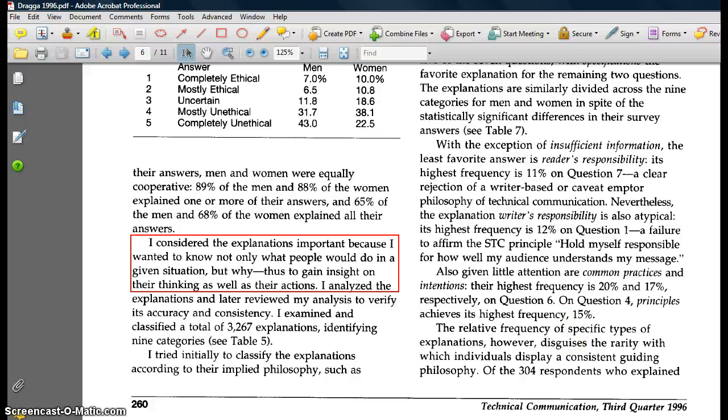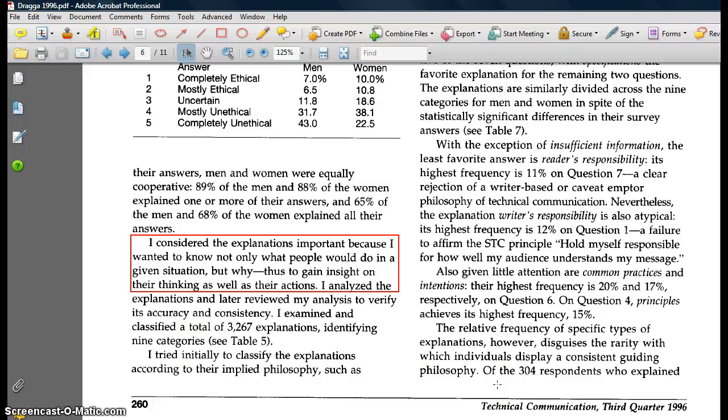He needed to get insight on their thinking as well as their actions, and then he talks about how he analyzes them to verify accuracy and consistency. He looked at a total of 3,267 explanations and categorized them into 9 different categories.